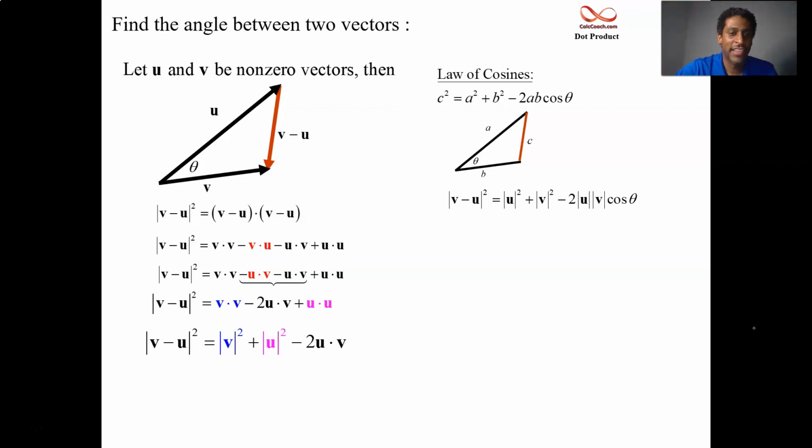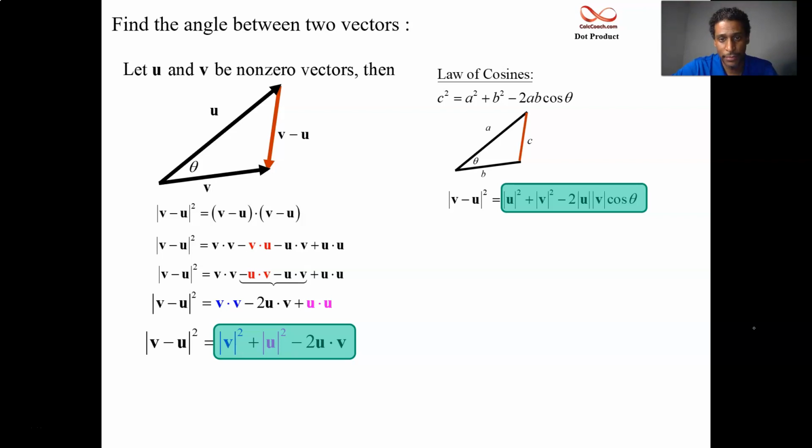That is a fact. And so now what we do is we compare our two sides. They each have a representation of what the magnitude of v minus u squared is. That magnitude squared can be represented with the left-hand side and also with this right-hand side.